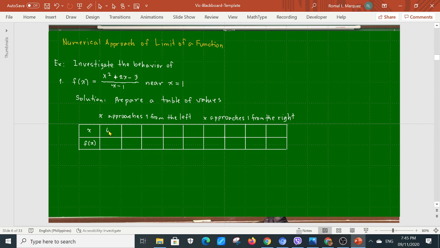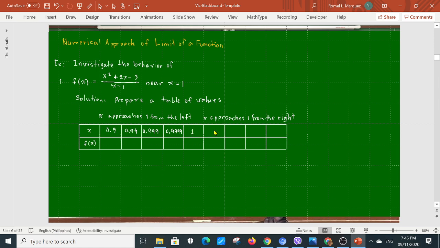So let's say I can start with 0.9. Then I can have 0.99. Then I can have 3 nines, 0.999. I can have 0.9999. Okay? And this is at x equals 1, but this is where we approach, no?